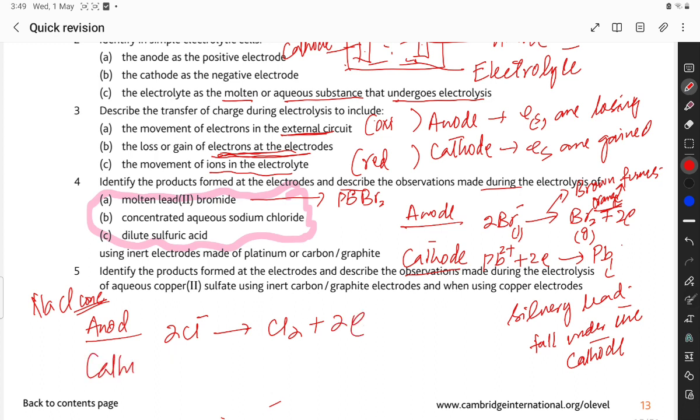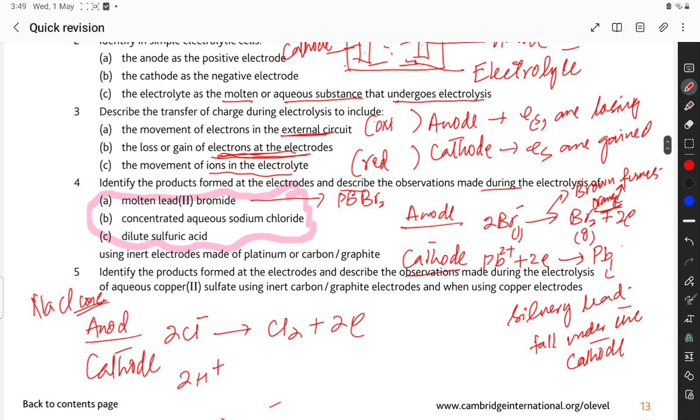Cathode reaction is 2 hydrogen positive plus 2 electron to form H2 gas. This is gas, this is aqueous ion.